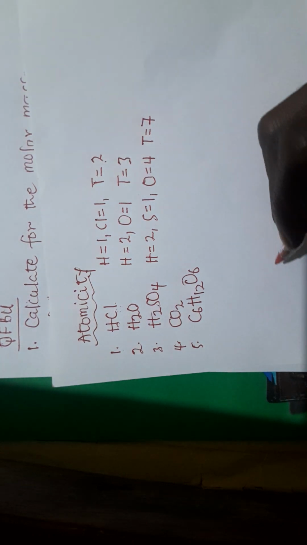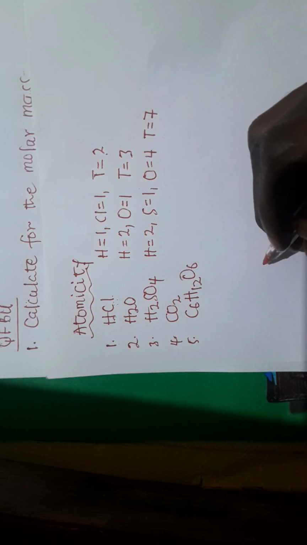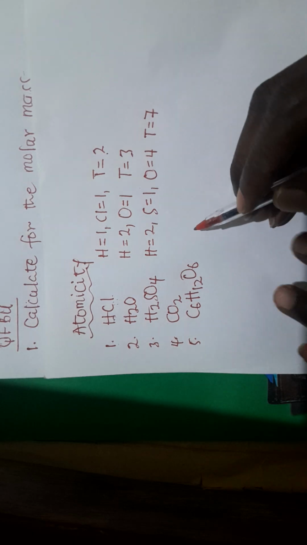Right? Can you tell me the atomicity of the last two? Let me give you some seconds to work it out. I'm waiting for you. Great, right? So what did you get?